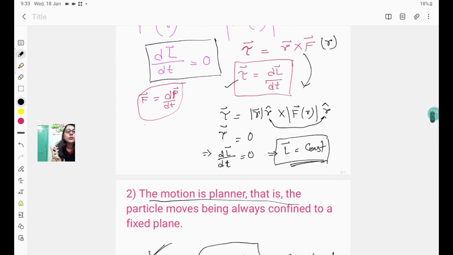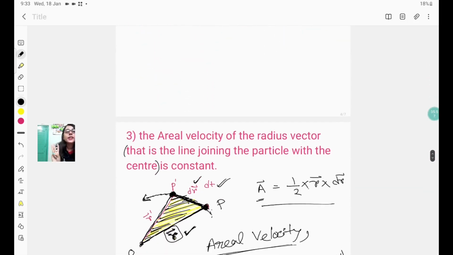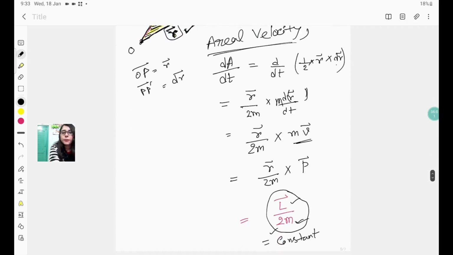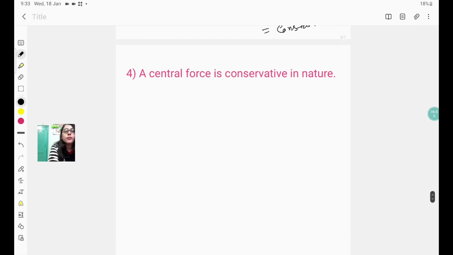The second part was the motion should be planar, and the third part became that the areal velocity should be constant. So, we could prove the three parts, and now this is the last part, that is the central force is conservative in nature. Okay, so how can we prove that?